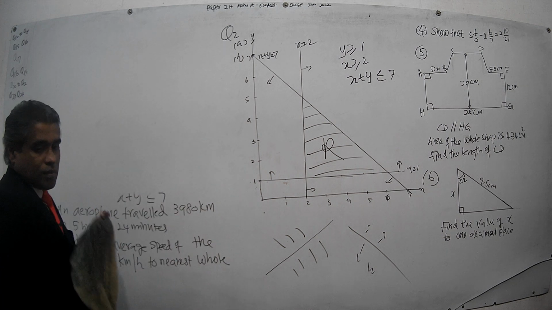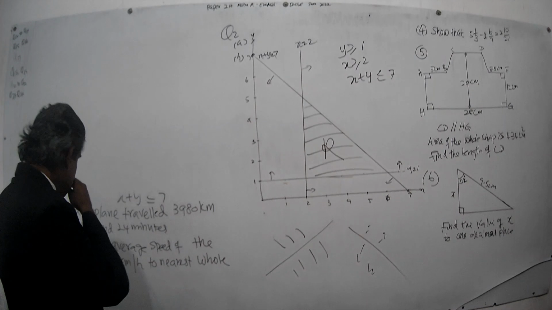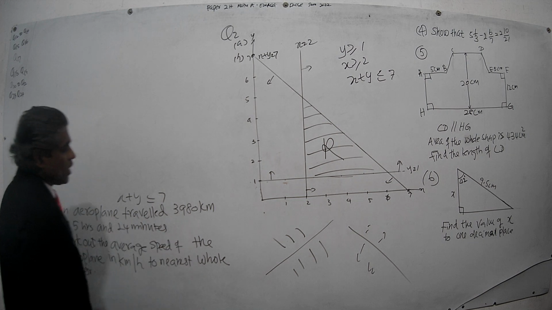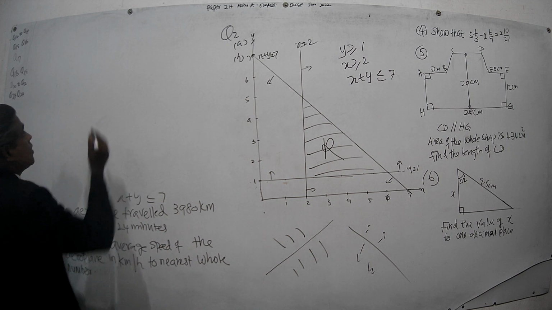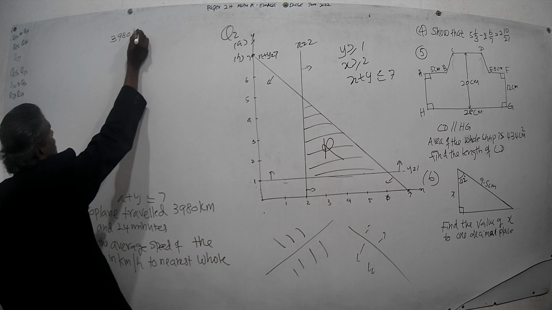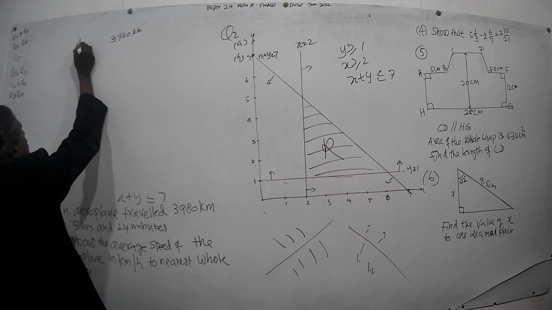Now, this is question 3. An aeroplane travels 3,980 kilometers. This is the distance traveled.